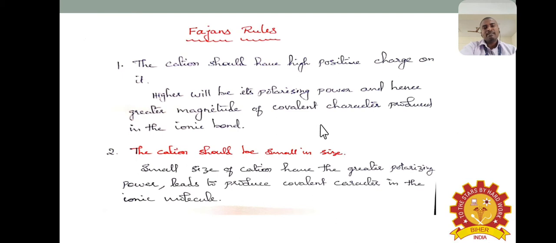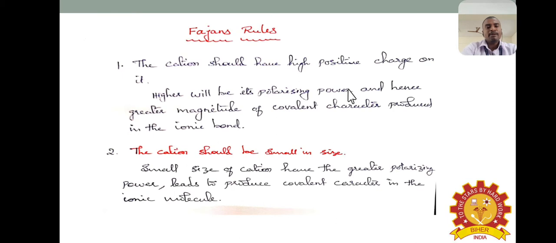The first point is that cations should have a high positive charge, because when cations have a high positive charge, they can easily polarize the anions and give that ionic bond a covalent character.